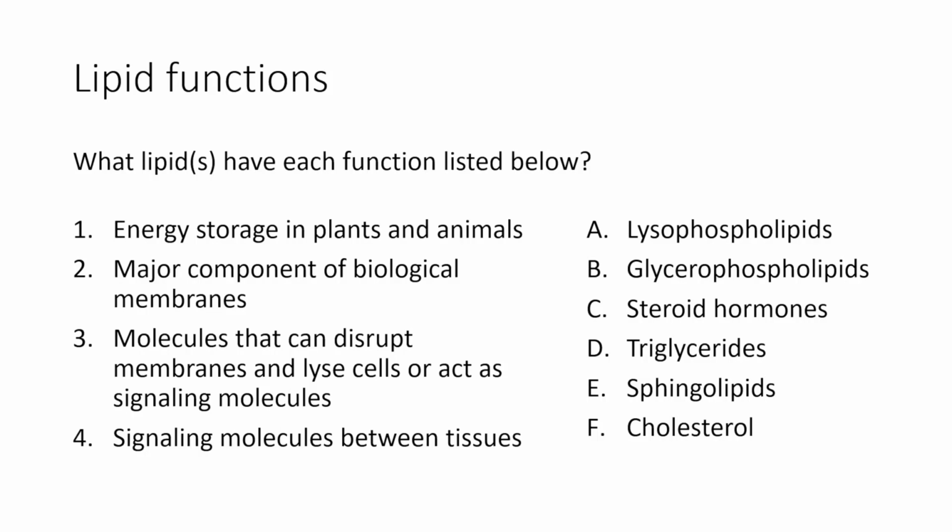Yep. So triglycerides are relatively efficient for energy storage, and it has to do with their structure, which we will talk a little bit more about in the next set of questions. Triglycerides are able to pack together fairly tightly, especially when they're made of more saturated fatty acids.